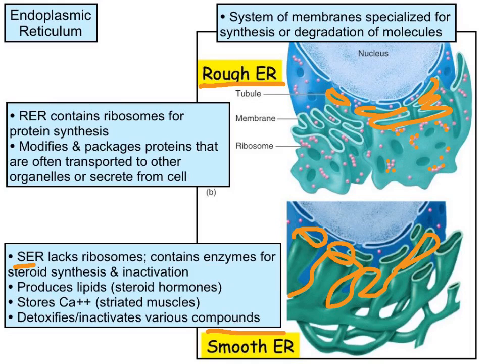We're going to see it coming up in our endocrine system. It also stores calcium, and this is going to be a key player in our striated muscles and muscle contraction. And our smooth endoplasmic reticulum detoxifies and inactivates various compounds.